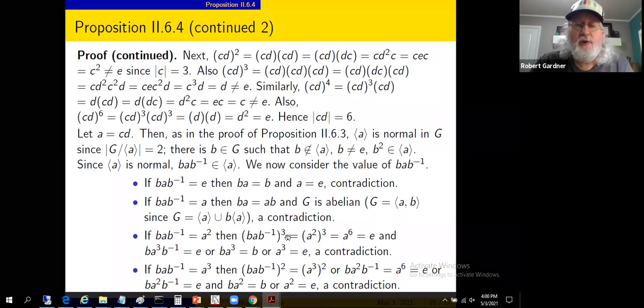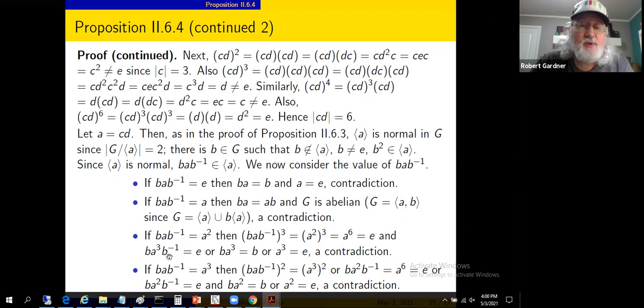BAB inverse cubed would be BA cubed B inverse, which equals the identity. What's that imply? Multiply both sides on the left by B. That implies BA cubed equals B. Well, that can only occur if A cubed is the identity. It's not. It's an element of order 3. A cubed doesn't equal the identity. Let's set BAB inverse equal to A cubed. I promised you some tedium.